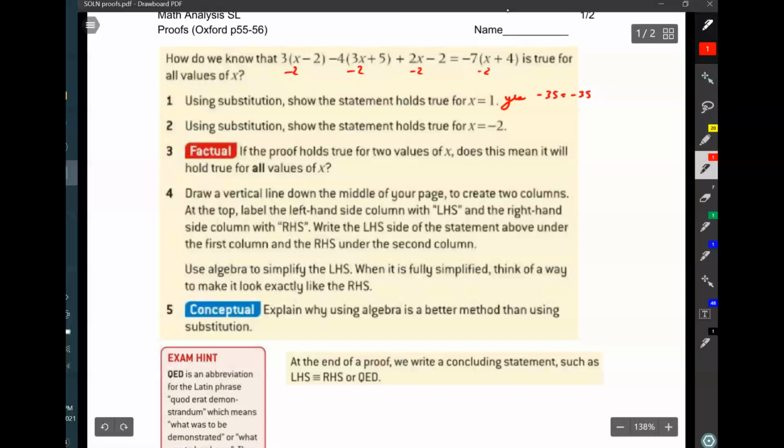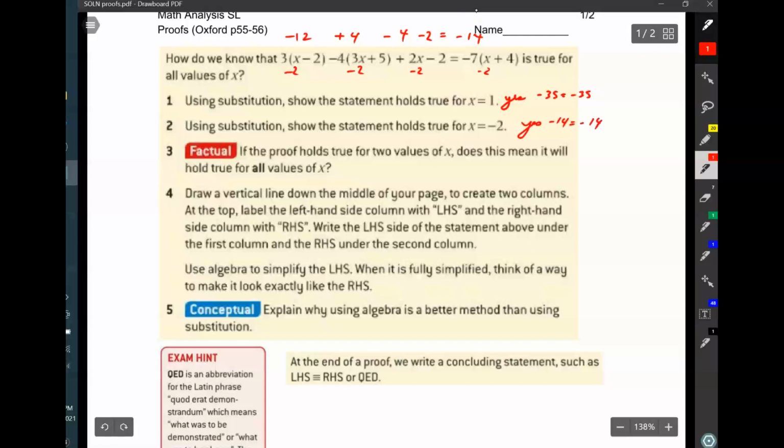So we got 3 times -4, which is -12. 3 times -2 is -6, plus 5 is -1. -4 times -1 is +4. -2 times 2 is -4. And -2. And this one would be -2 plus 4 is 2 times -7 is -14. And we can see that that's also true. -14 equals -14.